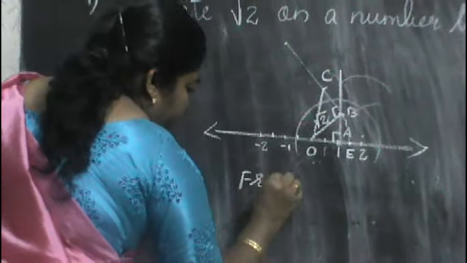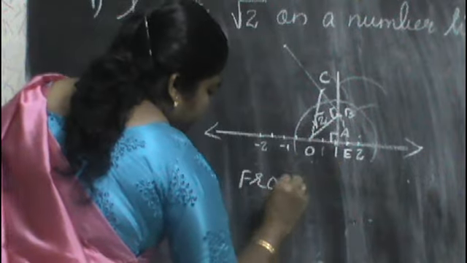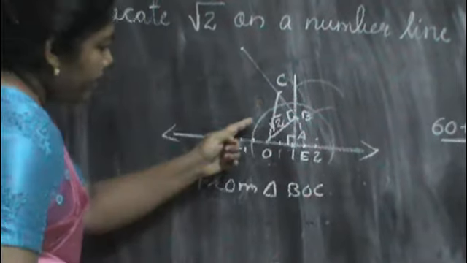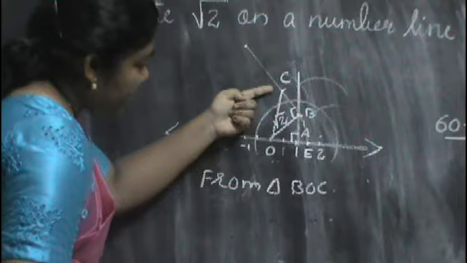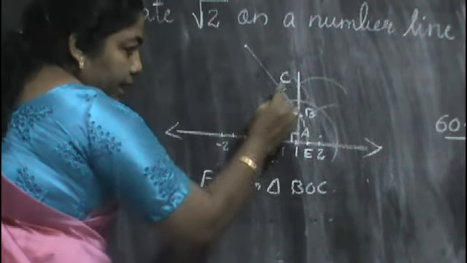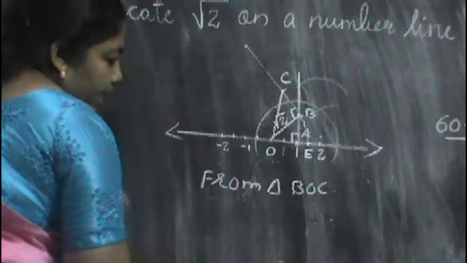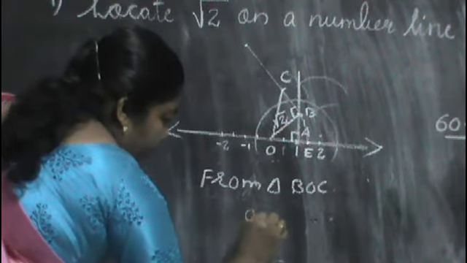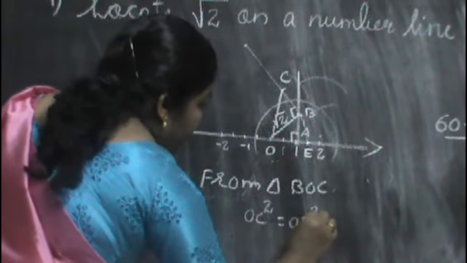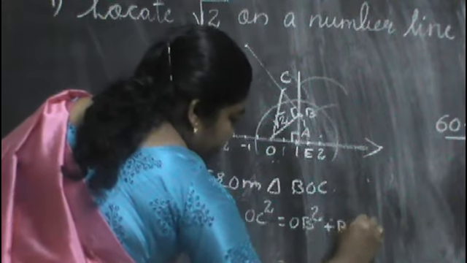From triangle BOC, by Pythagoras theorem, which one is the hypotenuse? Hypotenuse is opposite to 90 degree. Here hypotenuse is OC. By Pythagoras theorem, what can we write? OC square is equal to OB square plus BC square.